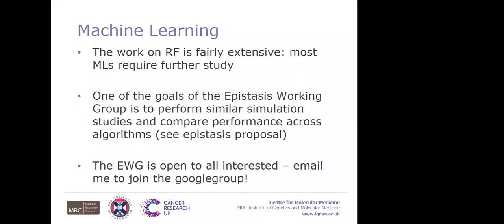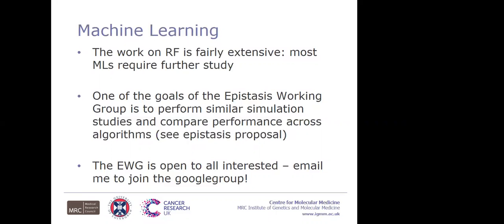All right, so just to close, the work on random forests is fairly extensive, but unfortunately, most of the machine learning algorithms haven't had this type of attention. And so most of them require further study to understand better when they might fail or when they might give you spurious results.